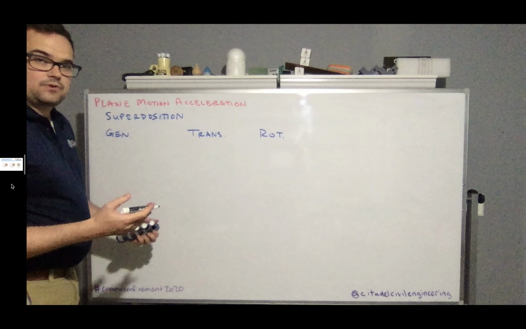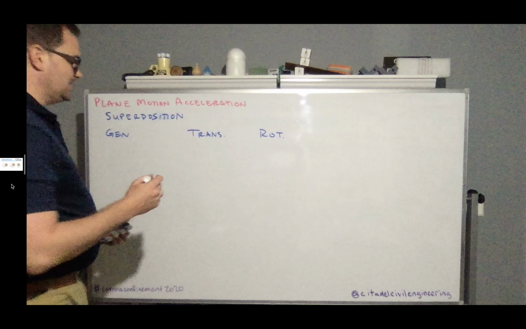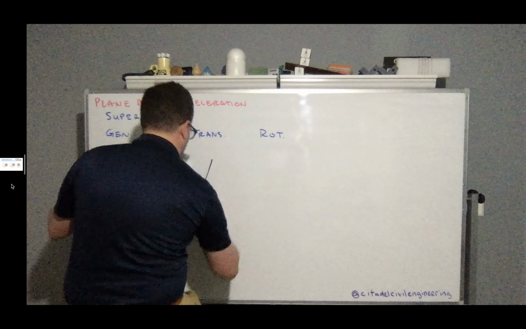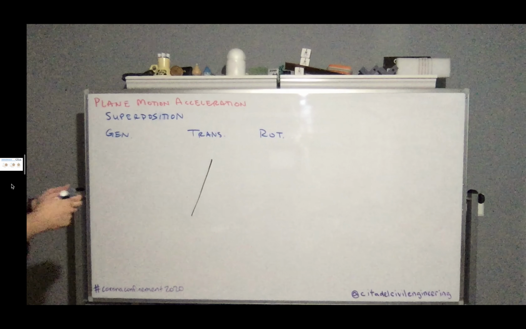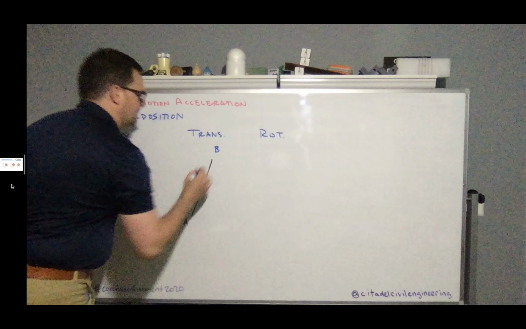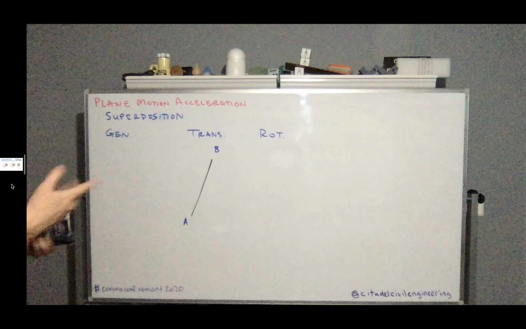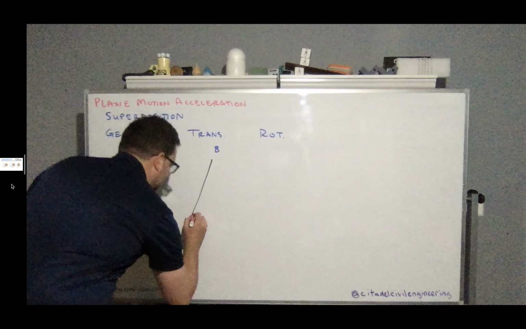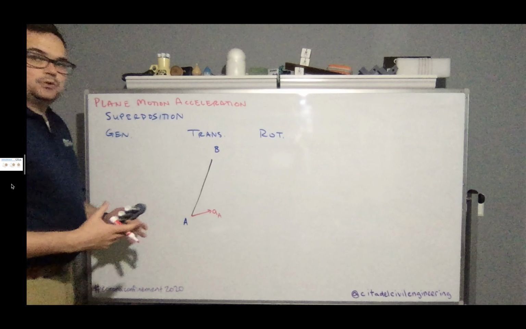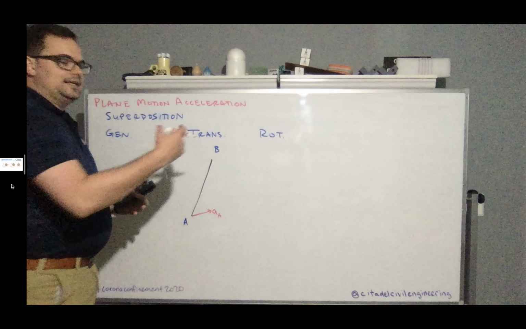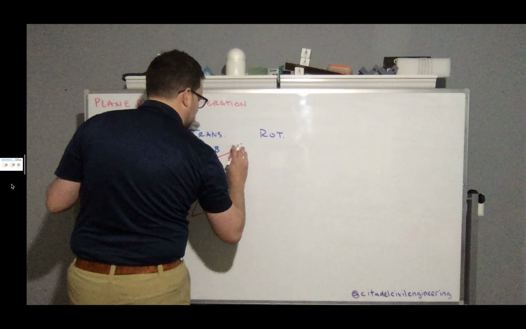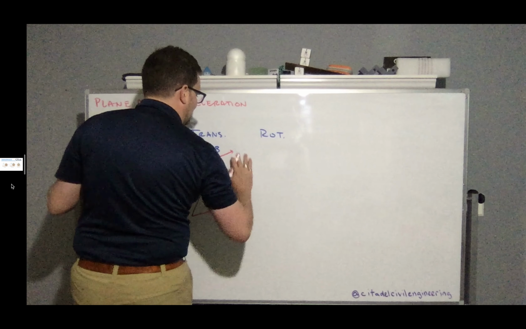So the easiest one for us to talk about, of course, is translation. And so if I were to have my tomahawk, I could draw it something like this, and I could call the location of the handle down here A, and the head up here B. And if we set at some particular motion in the flight of this object, we know the acceleration at A. If we're assuming it's just pure translation, that means we also know the acceleration at point B, because for a translating object, the accelerations are the same at every single point.